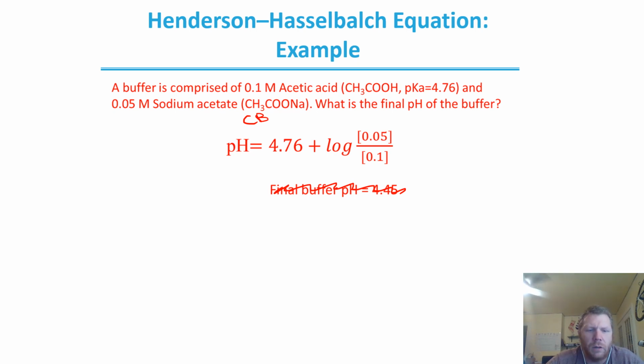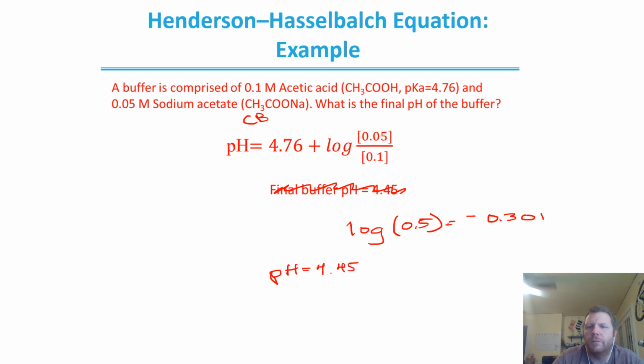And whenever you take the log of 0.5, that is equal to negative 0.301. Okay, so 4.76 minus 0.301, that final pH is equal to 4.45.